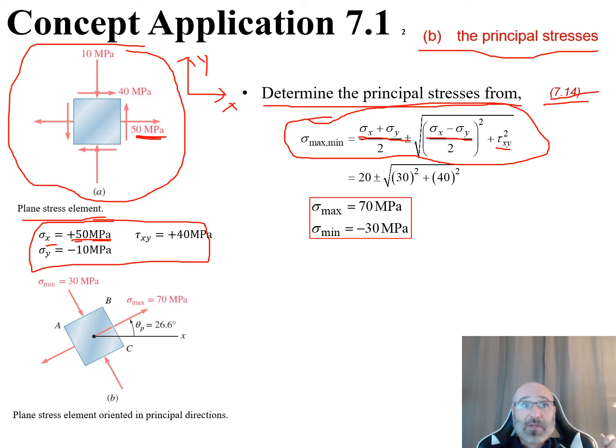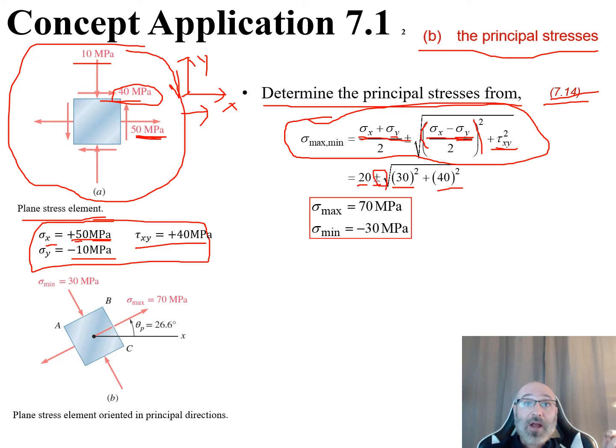So I'm plugging in my sigma x as 50 megapascals, my sigma y, which is right here, negative 10, because it's 10 going down in the negative y direction, all divided by 2, plus or minus the square root of my sigma x again, that 50 megapascals, minus sigma y, so it's minus a minus, a double negative there, pay attention to your sign convention, all divided by 2, but that entire quantity is squared, plus my tau xy squared, where my tau xy is 40 megapascals, and I can see that going in my positive x direction, that's a positive value. So this reduces down to 20 plus or minus the square root of 30 squared plus 40 squared. Do my math out, and that plus or minus gives me my max and my min.